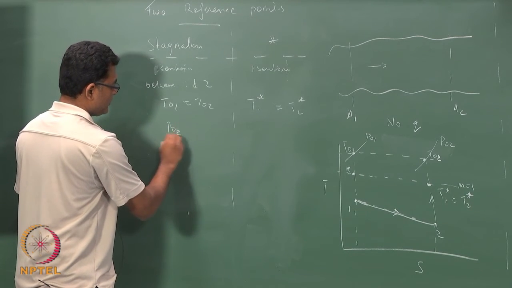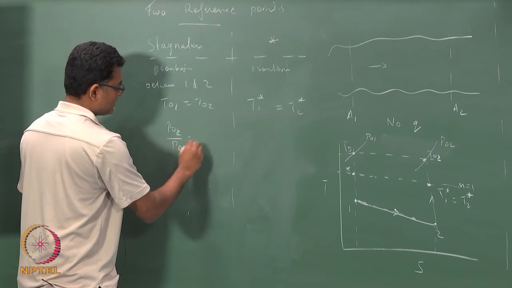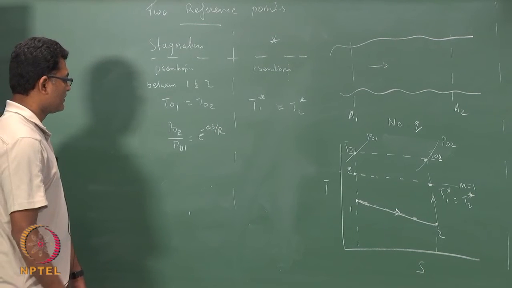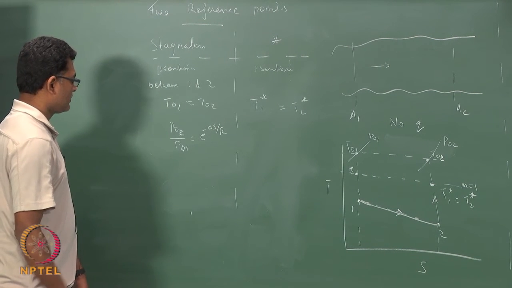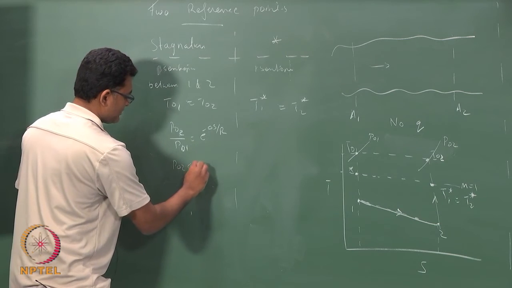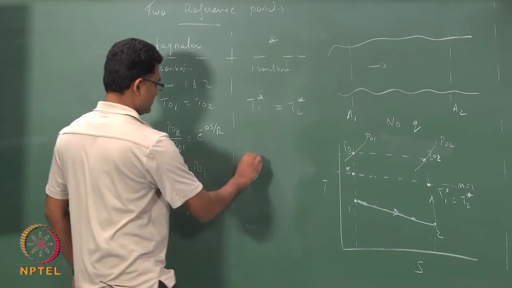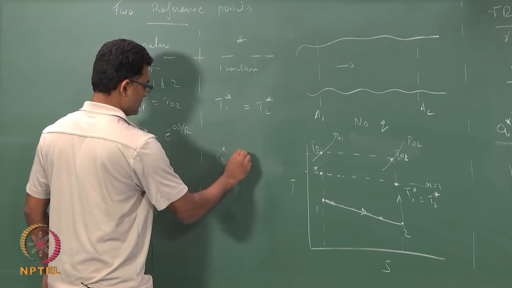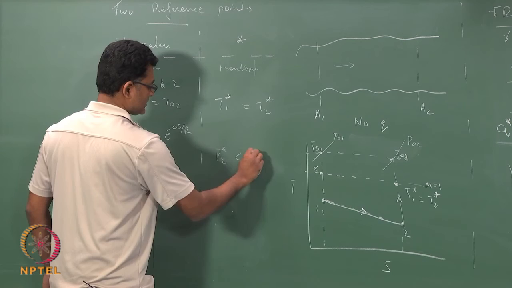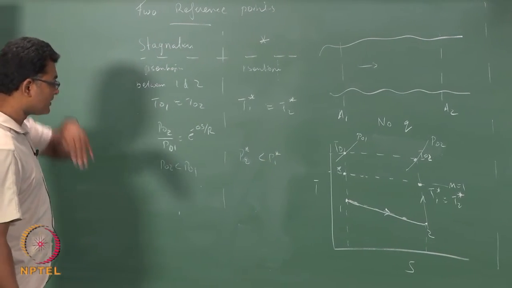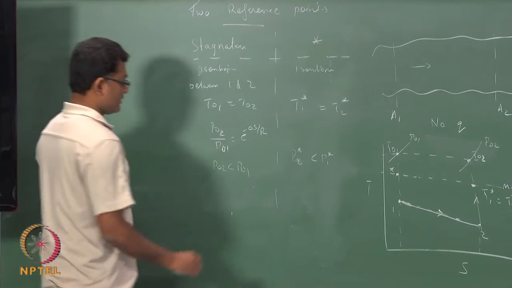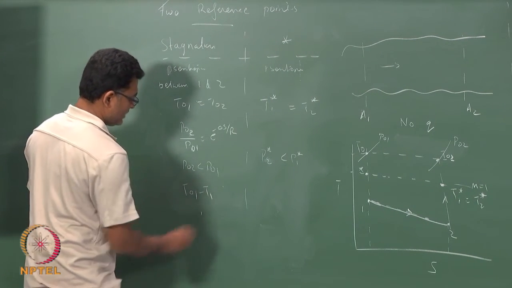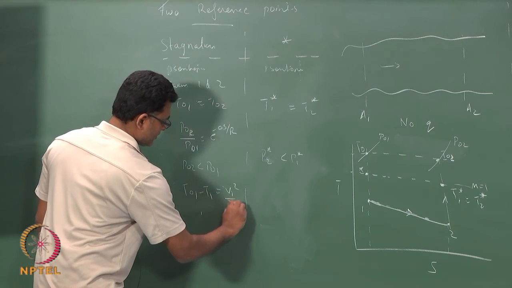P02 by P01 is e power minus delta s by R. And P02 is less than P01. Likewise, here your P2 star is less than P1 star. And here T01 minus T1 is your velocity square by 2 Cp.